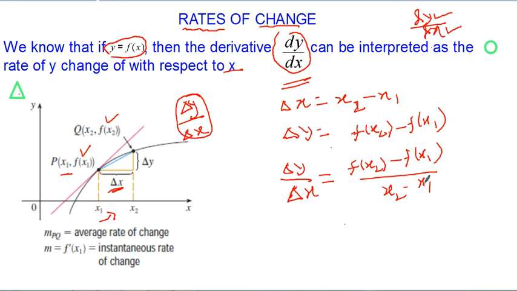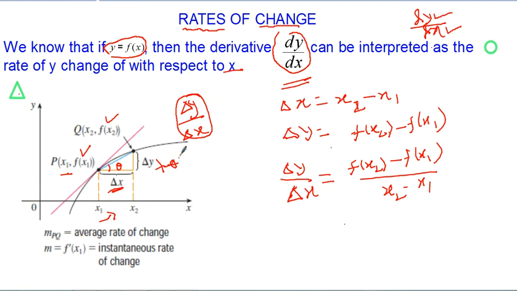Since this is the difference quotient, it is also called the average rate of change of y with respect to x over the interval x1 to x2. This is considered only over the interval x1 to x2, and it can be interpreted as the slope of the secant line. As you can see, this can be represented by tan theta.